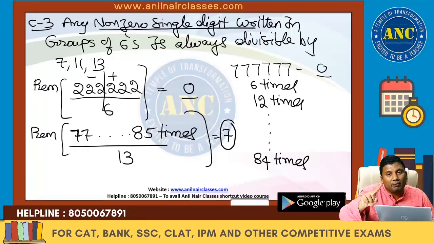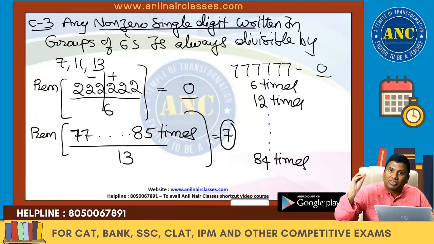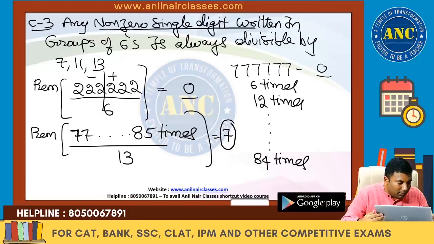Any 3-digit number written an even number of times is also divisible by 7, 11, 13. What if it is a non-zero single digit? If it is a non-zero single digit written in groups of 6, it is always divisible by 7, 11, 13. 3 concepts clear? 7, 11, 13. You should be able to solve a lot of questions. Suppose one more question.